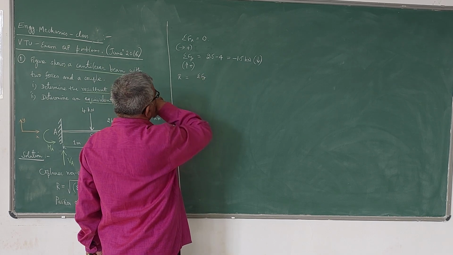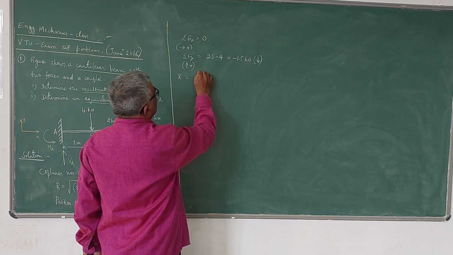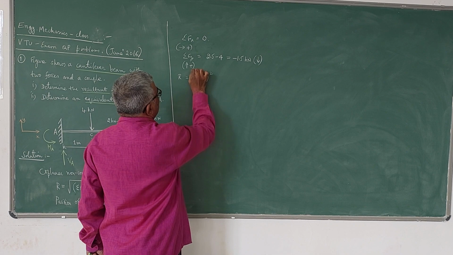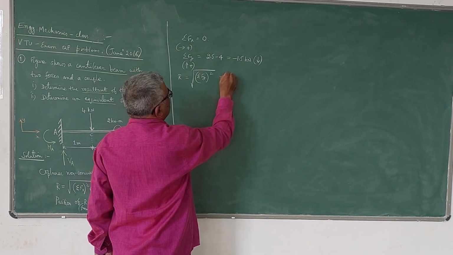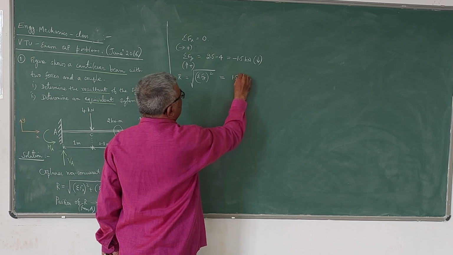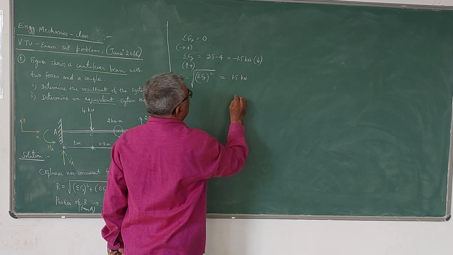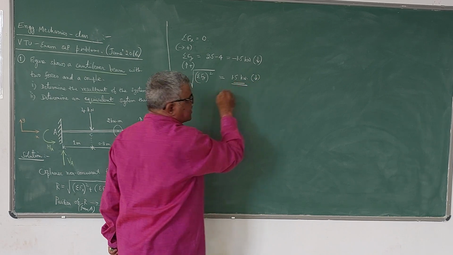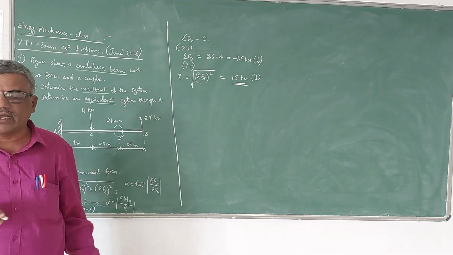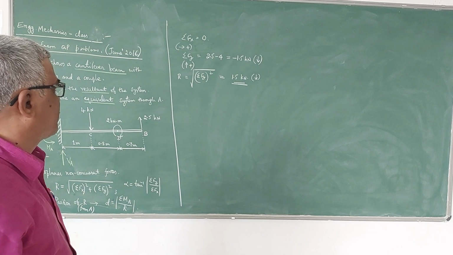Of course, you can take sigma Fy square under root, because sigma Fx is 0. So modulus is always positive, so it comes out to be 1.5 kilonewton only, and of course it acts downward. That means since sigma Fx is 0, resultant is nothing but sigma Fy only.